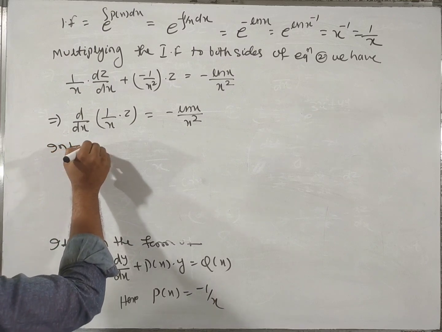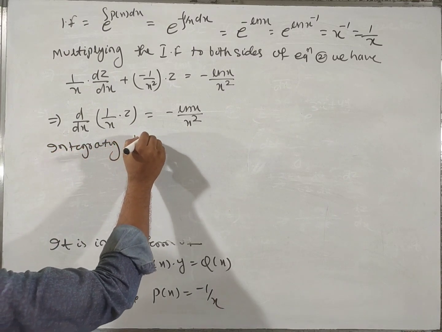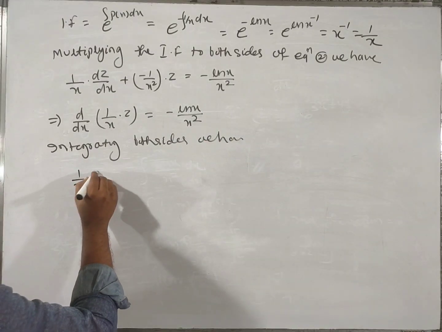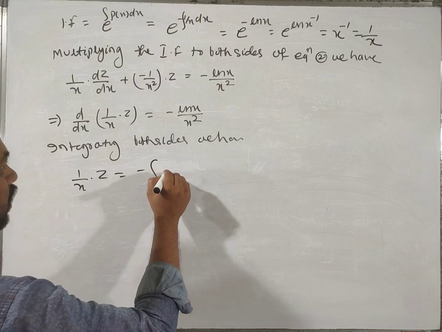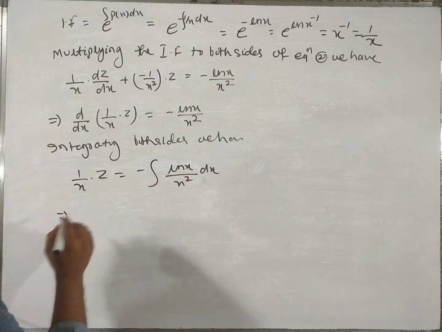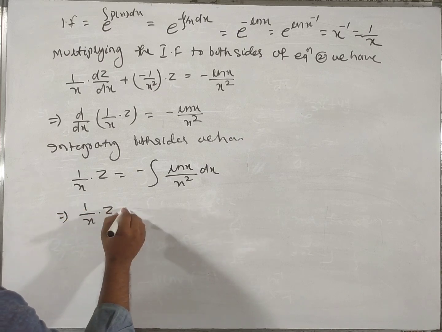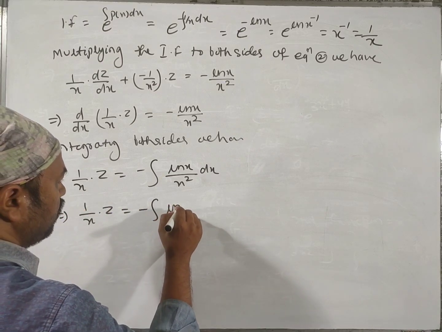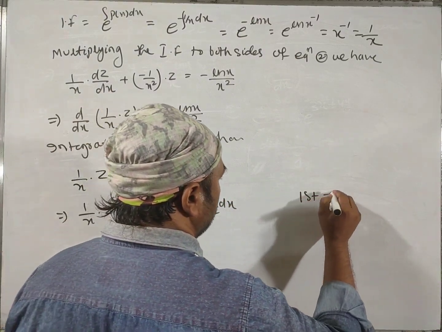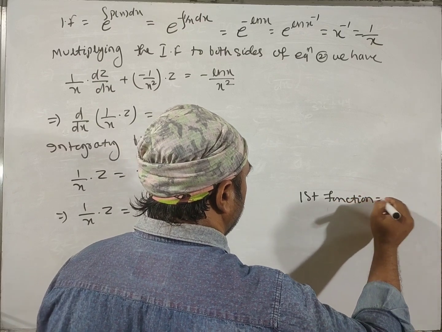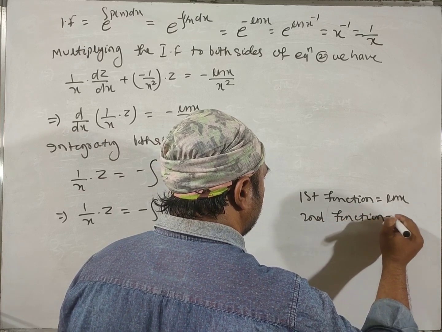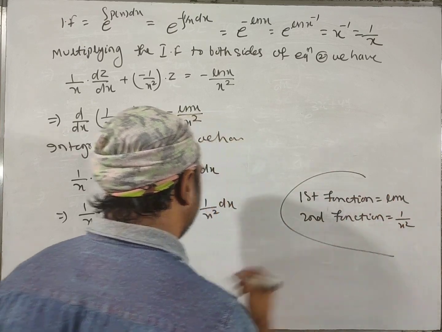Integrating both sides, we have 1 upon x multiplied with z is equal to minus integral of ln x divided by x square dx. Then it will be 1 upon x into z is equal to minus integral of ln x multiplied with 1 upon x square dx. Here the first function is equal to ln x, second function is 1 upon x square.